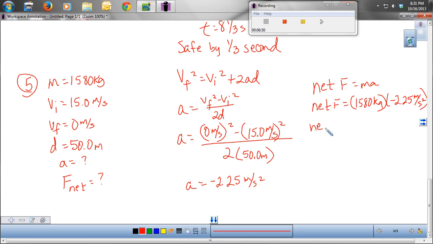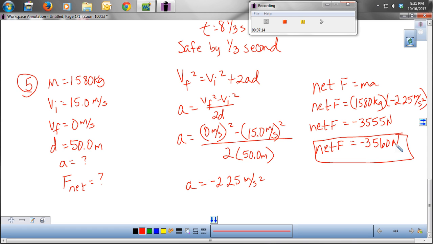So my net F is equal to a negative, and when I did that I got a negative 35.55. But paying attention to my sig digs, my net force is going to be a negative 3,560 newtons. Going to put this one up and then we'll go to the next one.